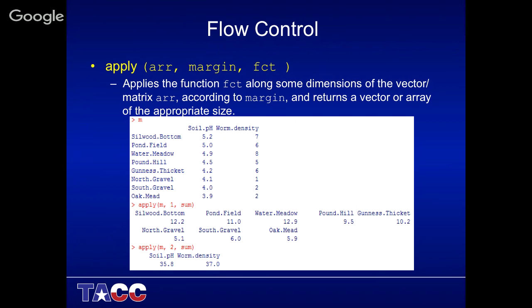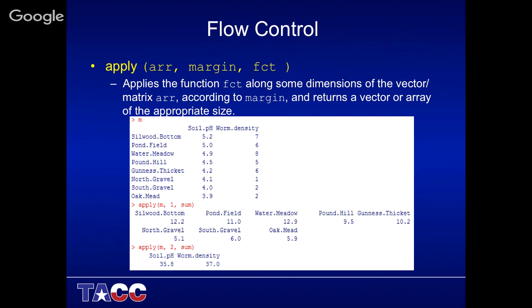You're applying this function to the desired dimension of the data frame. This data frame or matrix has 2 dimensions, rows and columns, and you're applying the sum function according to a chosen dimension. So this is the rows. You're basically summing up every row. So 5.2 plus 7 is 12.2, 5 and 6 is 11. So you're applying the sum function along the rows, and that returns the result as one vector of sums.